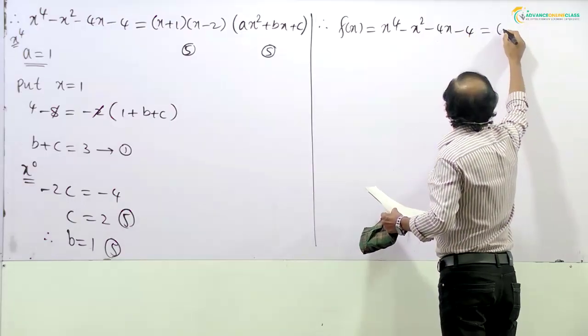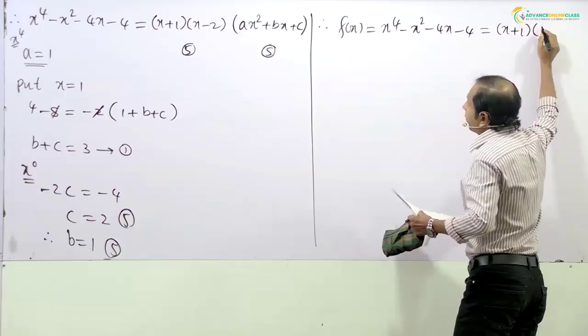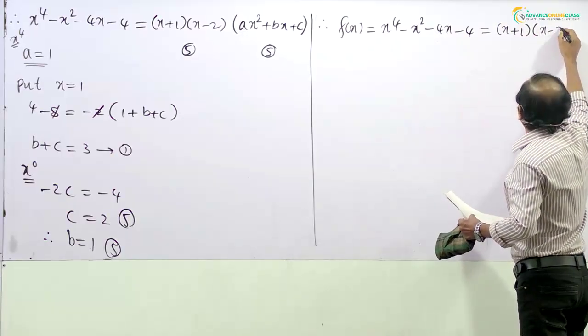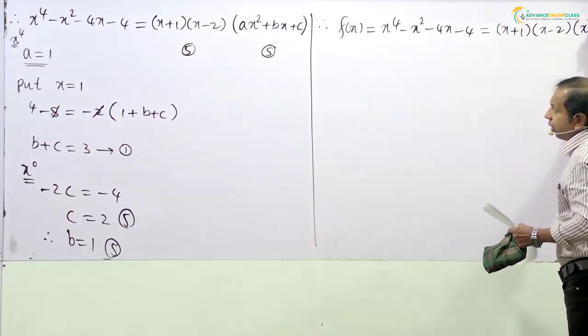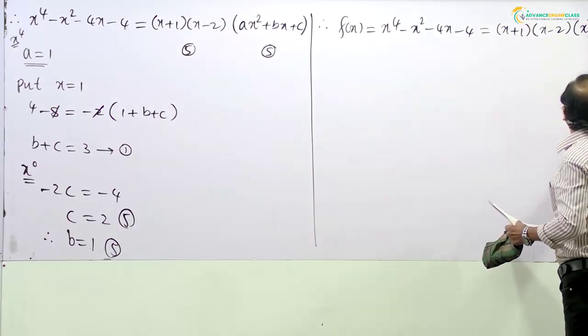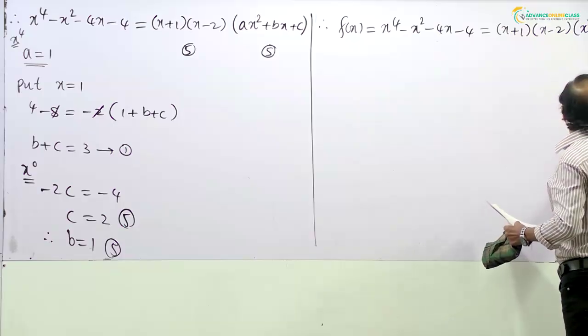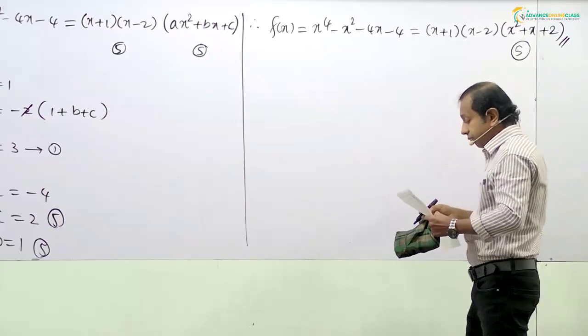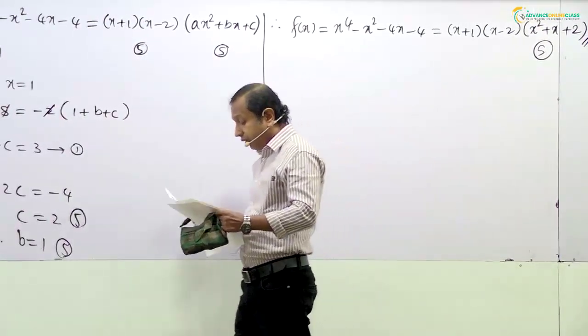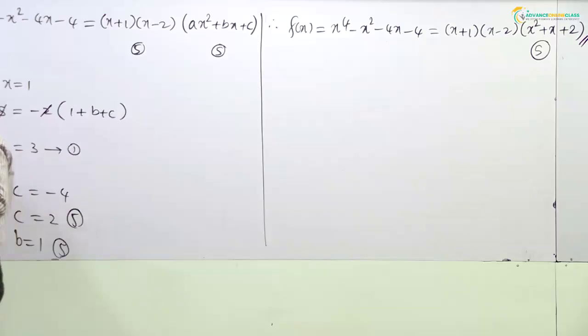We can write how? x plus 1, x minus 2, and x squared plus b is 1, x, c is 2. This way, we can write. For this also, you get another 5 marks. Because you asked to write the factors of that. Right.